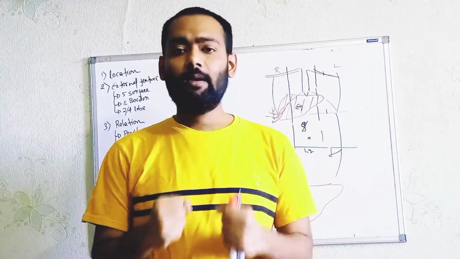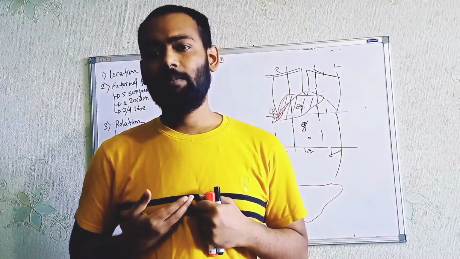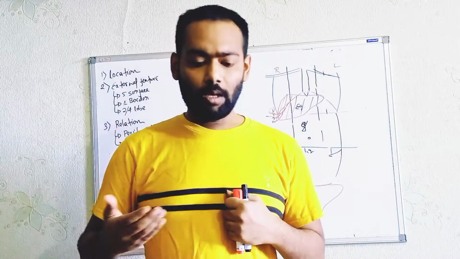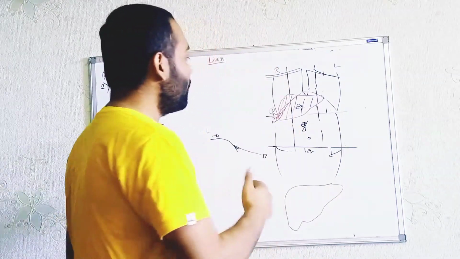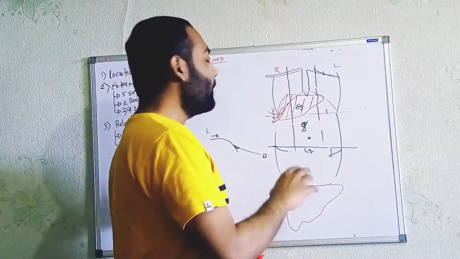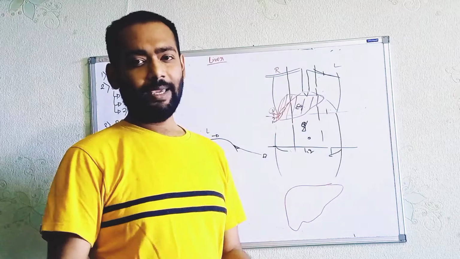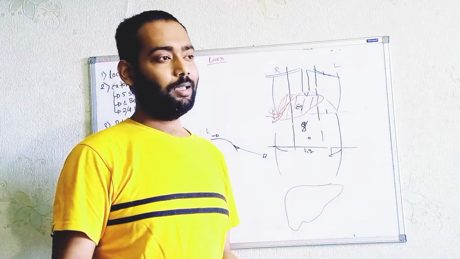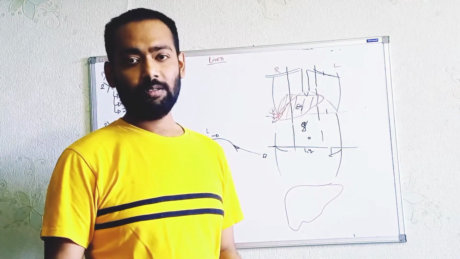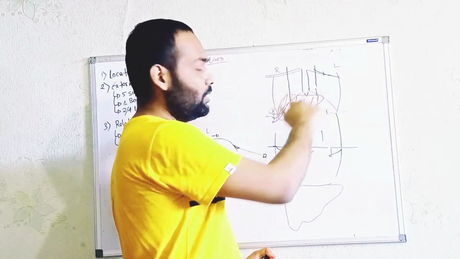Let's think about this. The superior border is very important because we have our diaphragm. But the inferior border, I will not discuss it, because you will get it in the textbook, but I think personally this is variable according to the person. So just remember the superior border.